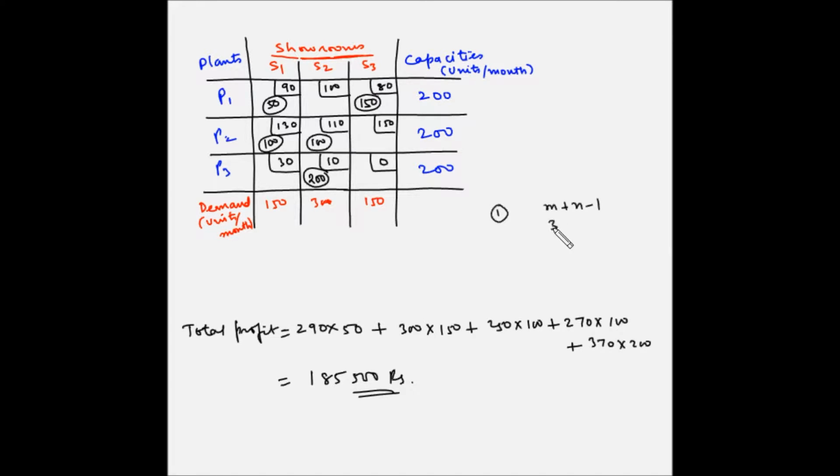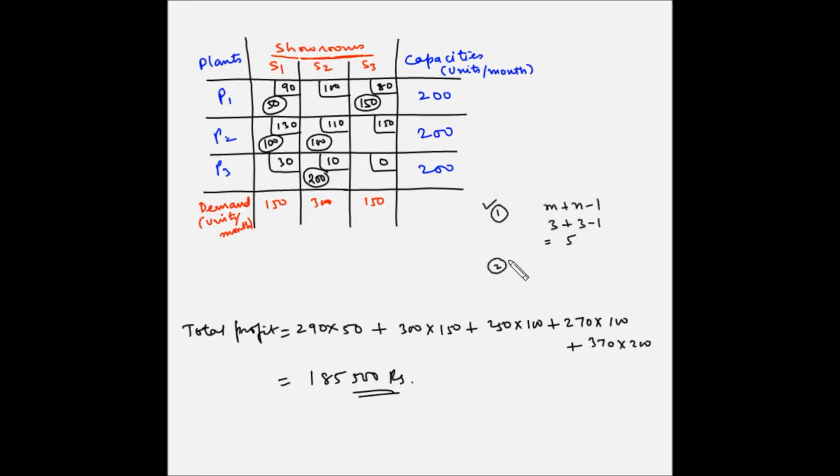So here m is 3 and n is also 3. So 3 plus 3 is 6, minus 1 is 5. Now let's count the number of allocations. So we have 1, 2, 3, 4 and 5. So the number of allocations is equal to m plus n minus 1. So this condition has been met.